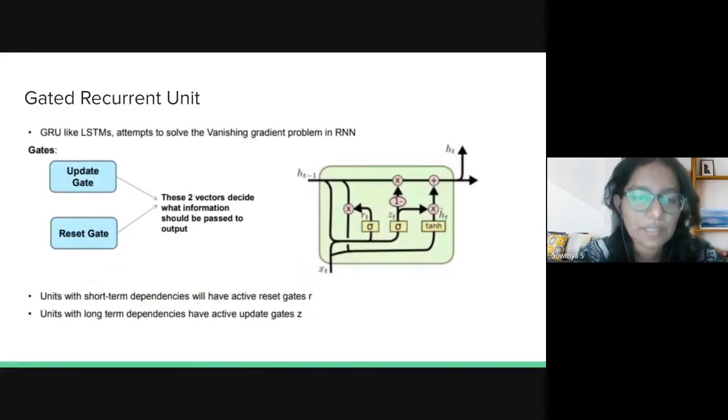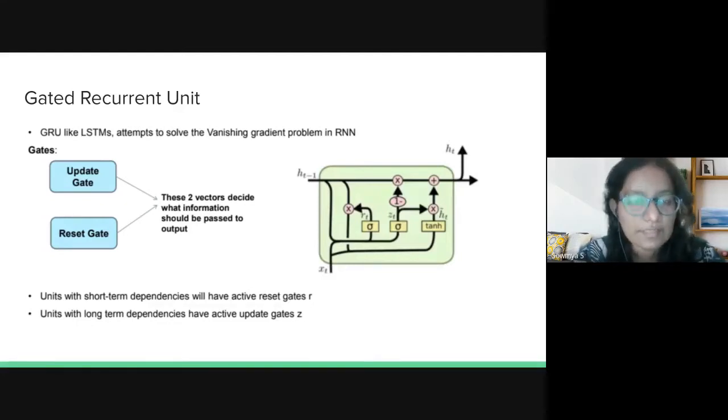Next, we have another variation which is called the gated recurrent unit. So that was all about LSTMs. To recap, we had three gates to control information, and that solved the exploding and vanishing gradient problem, provided it is trained on a large data set, because we saw if the sigmoid becomes 1 or very close to 0, we'll again have the same problem.